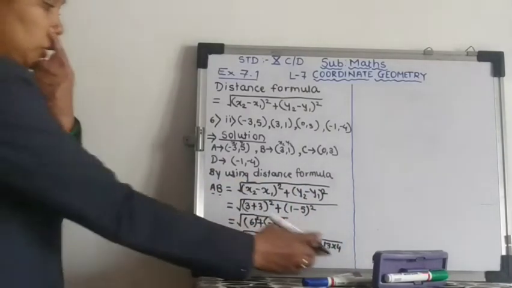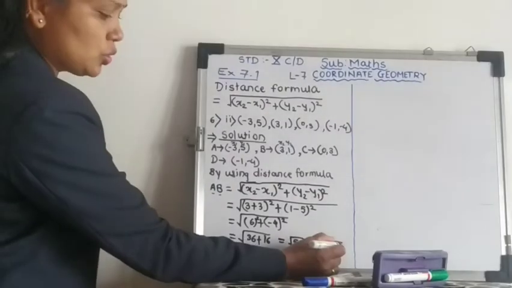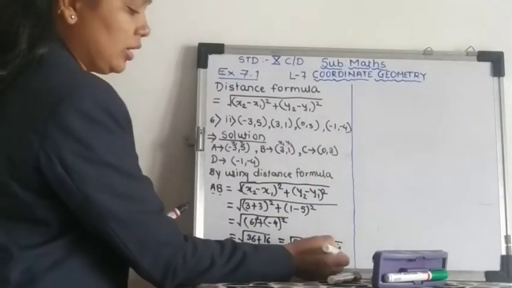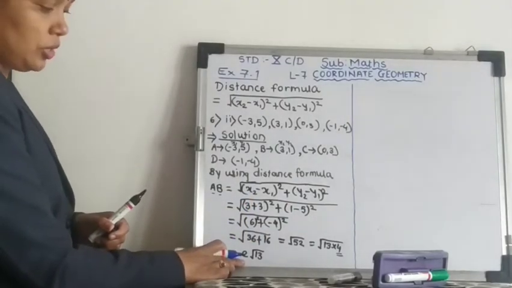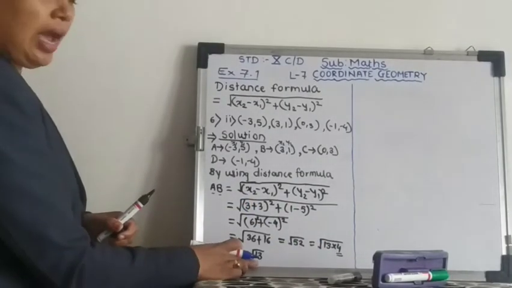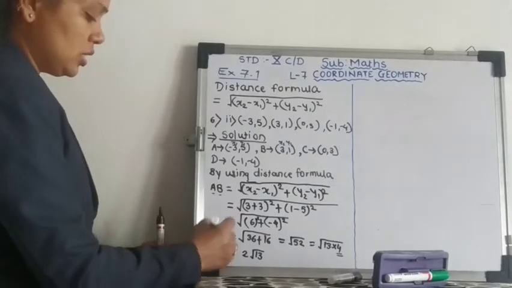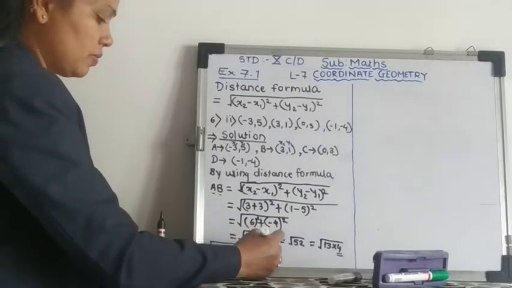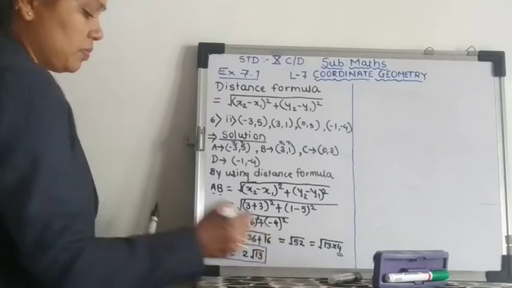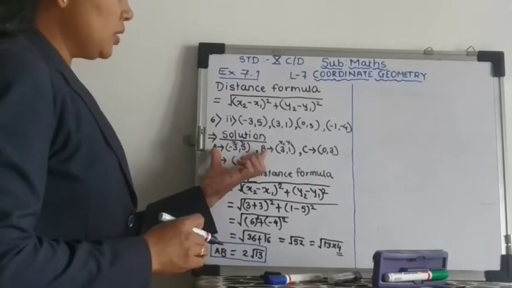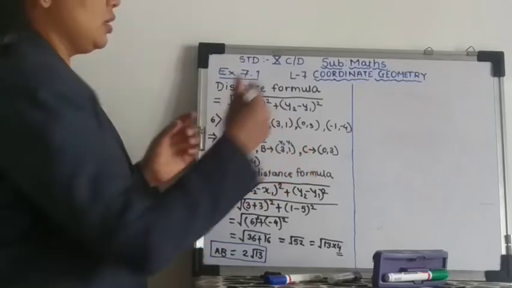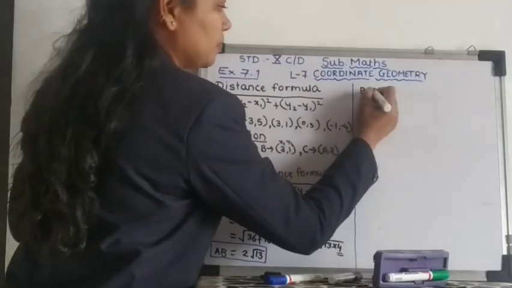Got it? 4 is the complete square, so I have taken it outside, and it becomes 2, and 13 we write as it is. So this is your AB. Now the AB pair is done. Let us find out BC.